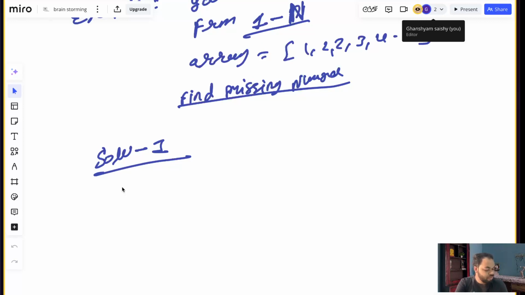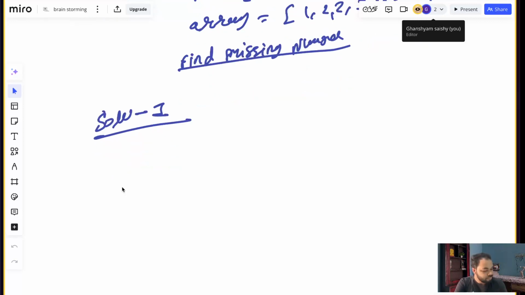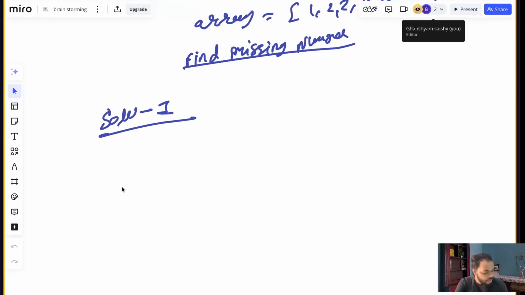Solution one says we have an array 1, 2, something, something, and I will create a new array called missing number.